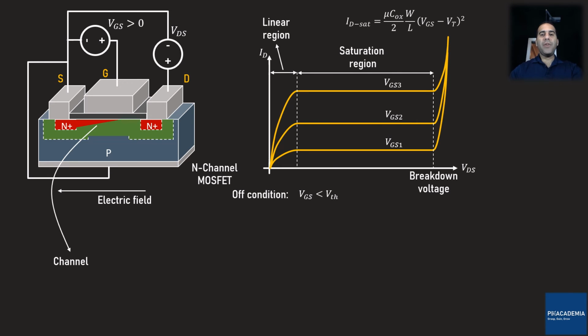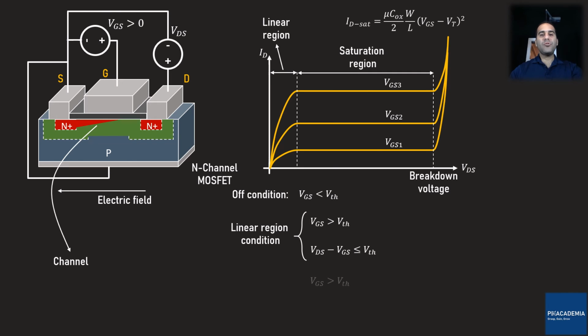The condition of having an N-channel MOSFET in the off state is that the gate to source voltage is smaller than the threshold voltage. If the gate to source voltage is larger than the threshold voltage, and the difference between the drain to source voltage and the gate to source voltage is smaller than the threshold voltage, the N-channel MOSFET is in the linear region.